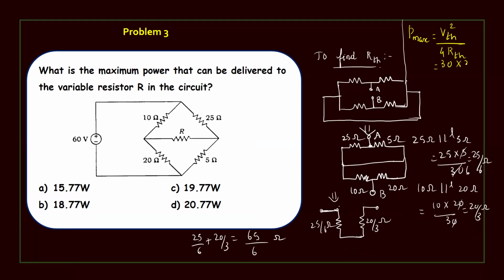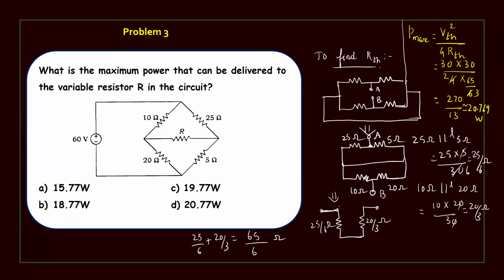So 30 into 30 by 4 into 65 by 6. Now 2 and 3 get cancelled and it simplifies to 270 by 13, which is approximately 20.769 watts.